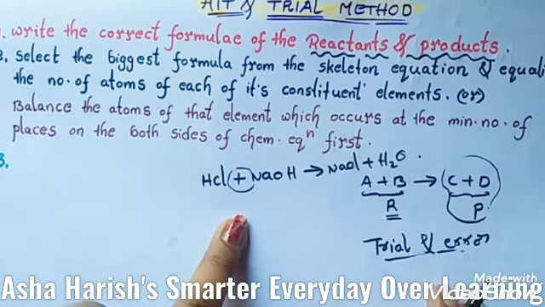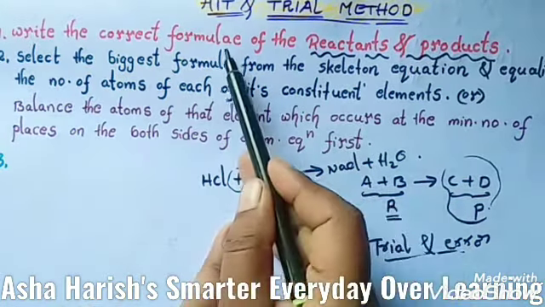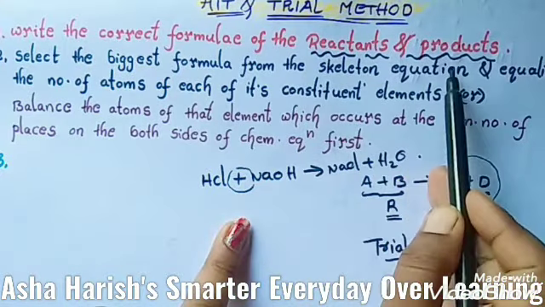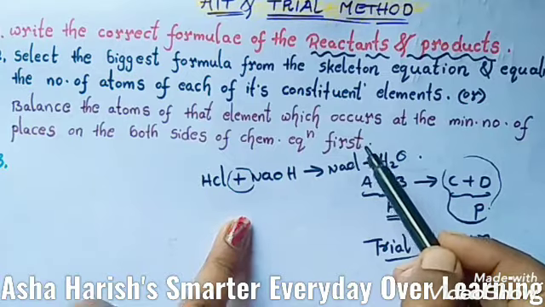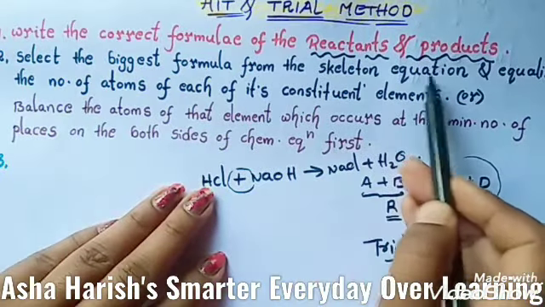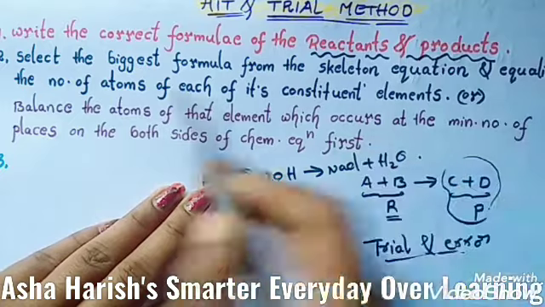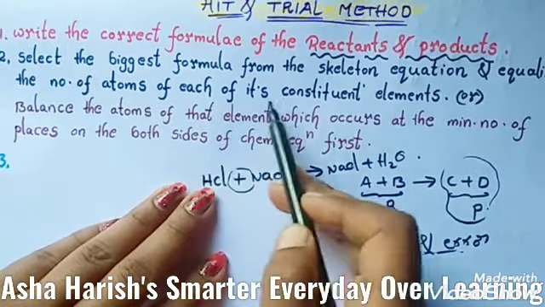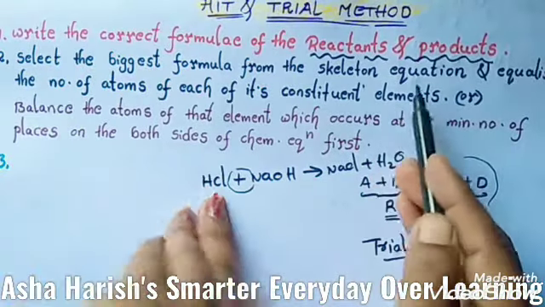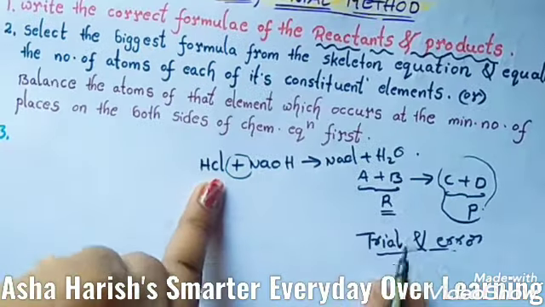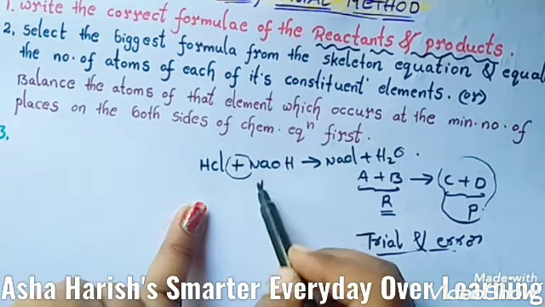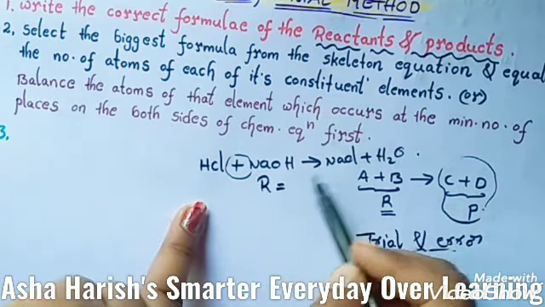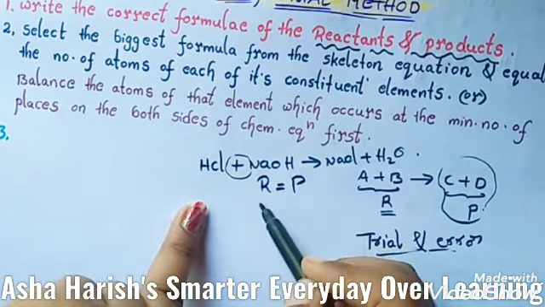We have to write first of all the correct chemical formulae of the reactants and the products, the skeleton equation. Now step number 2: select the biggest formula from the skeleton equation and equalize the number of atoms of each of its constituent elements. Here the number of atoms present on the reactant side must equal the number of atoms present on the product side.